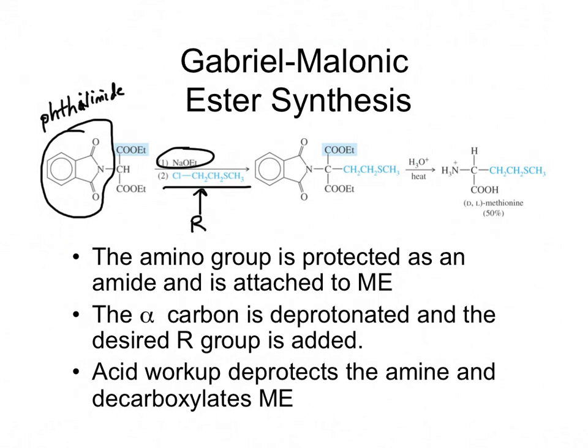You're going to put your R group on. So we have now attached to malonic ester the R group, and then H3O plus and heat is a deprotection step. We're going to deprotect the amine, and there it is. We get the NH2. So it's just a little variation of your malonic ester.